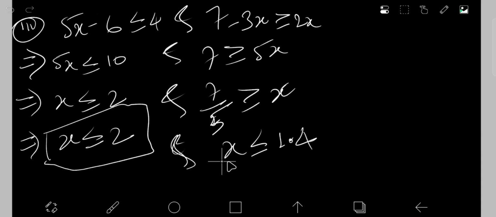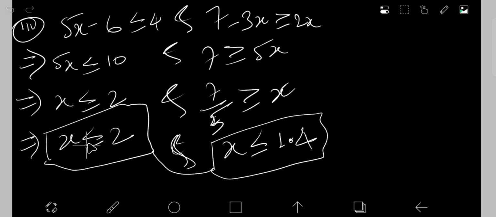This is x here, just observe, we compare both sides. How we combine this one? x is less than 2 and x is also less than 1.4.